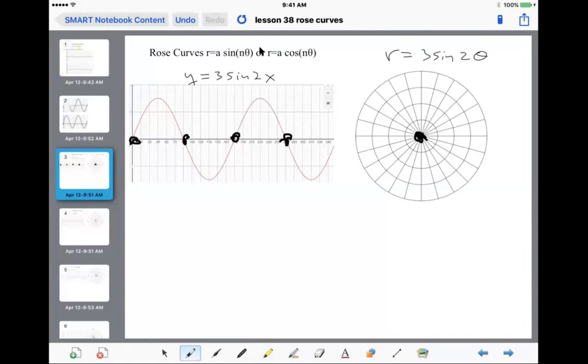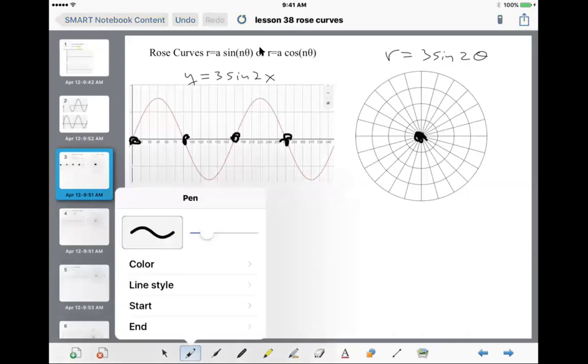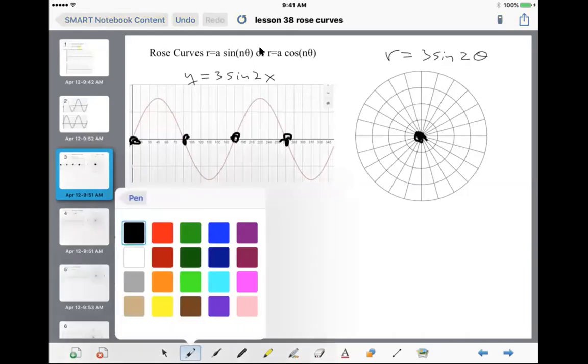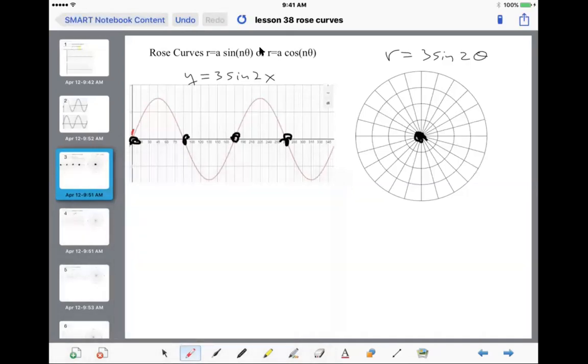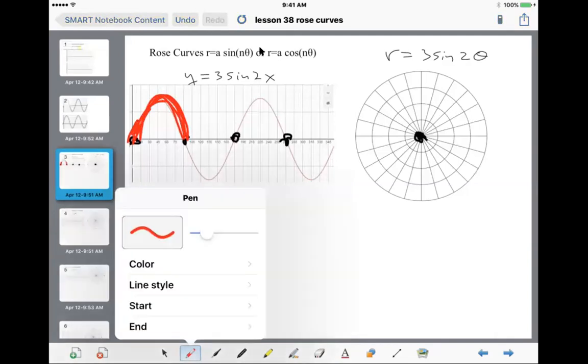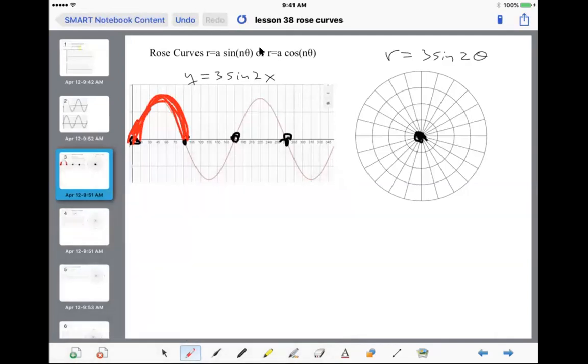Now, anytime you see something that resembles a parabola, so I'll make this nice and darker. Here's like a parabola looking thing. Well, a parabola thing always ends up looking like some kind of a petal of a flower, so I have the red starts here and ends here.